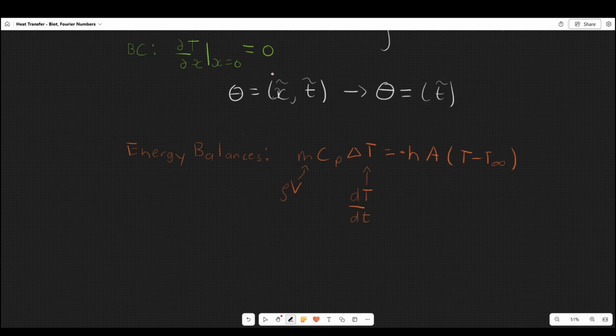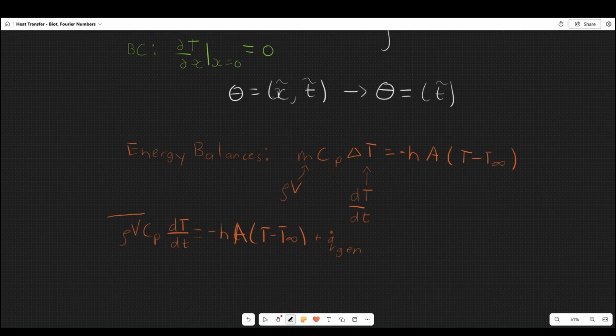So to write it again, the energy balance, you'll see it as ρV Cp, the change in temperature over time, as equivalent to minus hA times T minus T infinity. And then if you have any heat generation going on, let's say the center of the slab is generating heat, you would tack that on here.